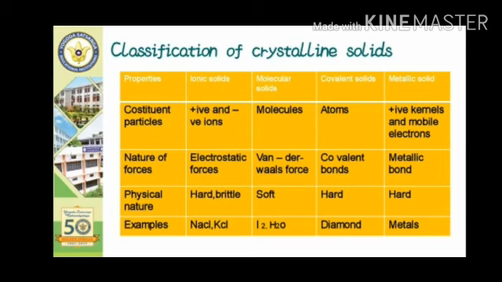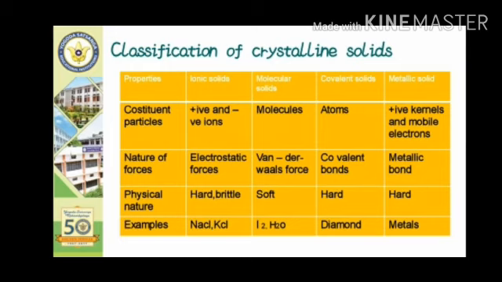On the basis of the nature of bonding, crystalline solids have been classified into four types: ionic crystals, molecular crystals, covalent crystals, and metallic crystals. Let's discuss ionic crystals.